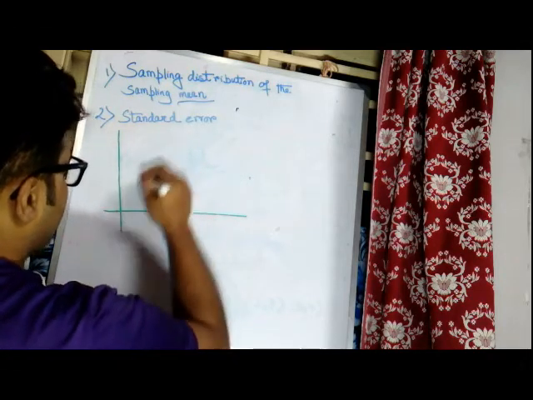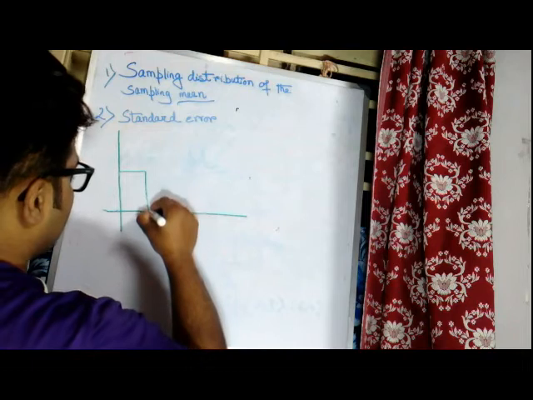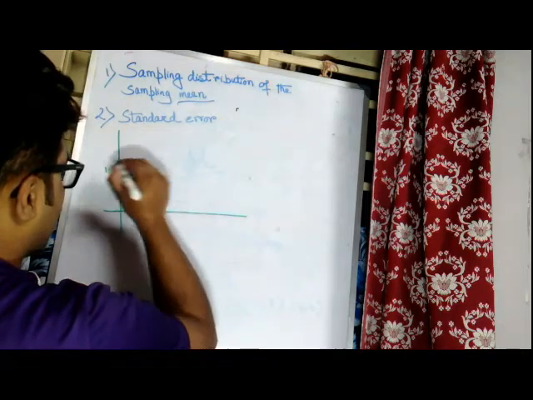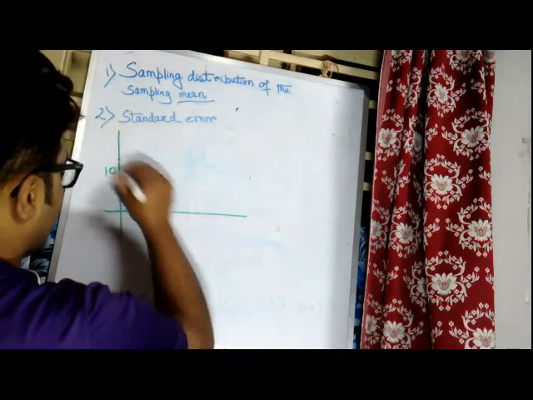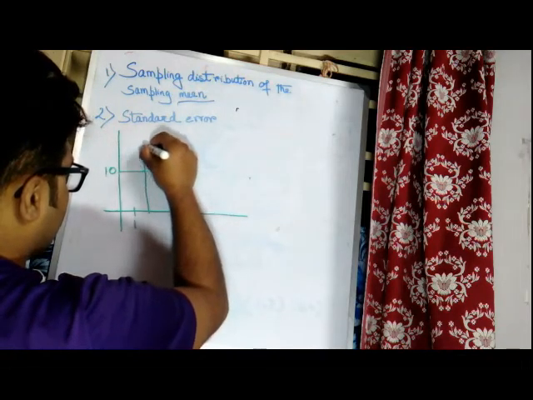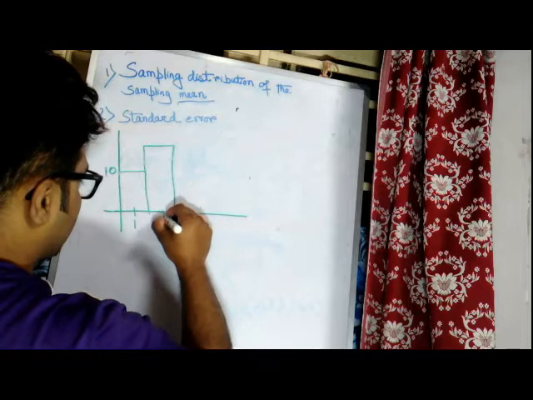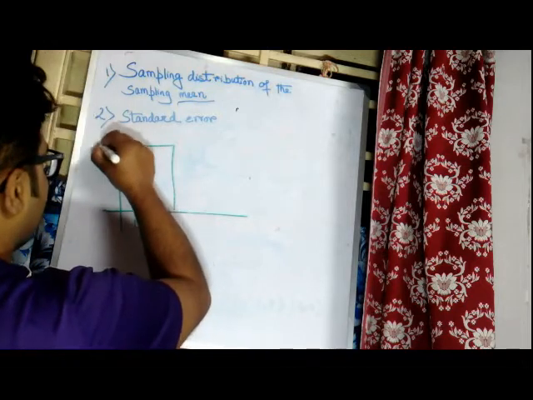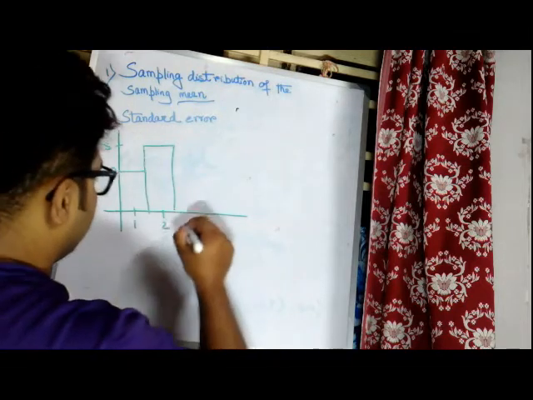Now suppose I take a sample of, this is 10, 1, 2, this is 15.